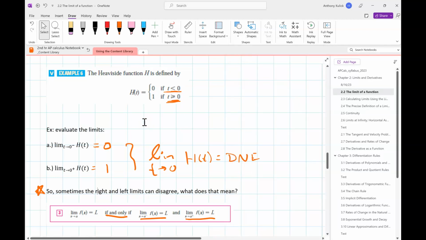You should check both if both are available to you, right? Like if it's a no calculator and it's like use this graph, you're fine. Just use the graph. Or if it's just giving you the table, just use the table, right? Like if I just say, here's a table of values for some function f of x, you can't graph anything, right? That's all you got, that's all you need. If they disagree, just say it does not exist.